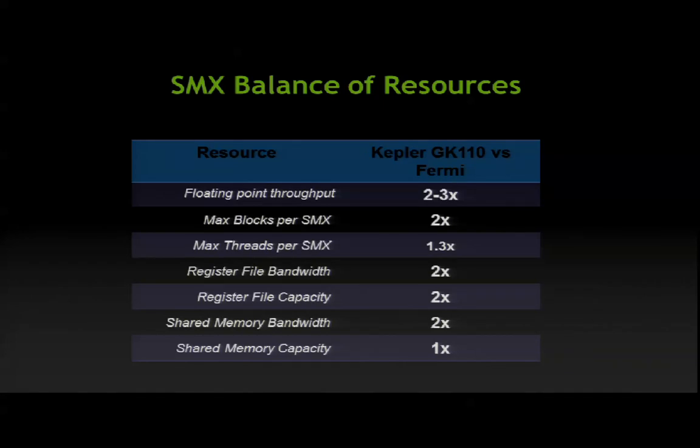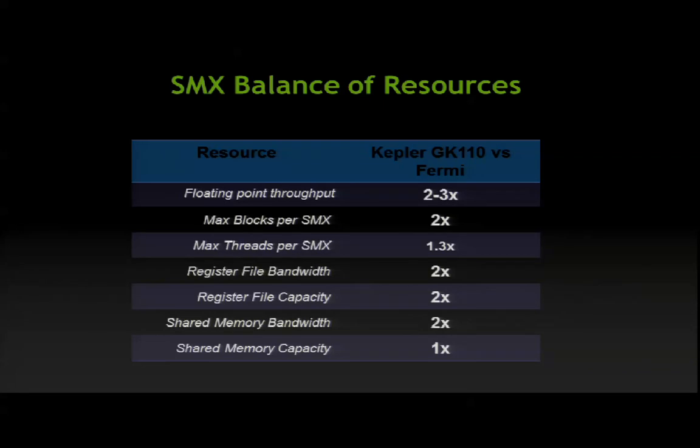Right. And so what you can see is that many of the other resources increase by a factor of 2. Particularly interesting for a lot of applications is the size of the register file. You have twice as many registers available, which can also help you improve the performance of your kernels.